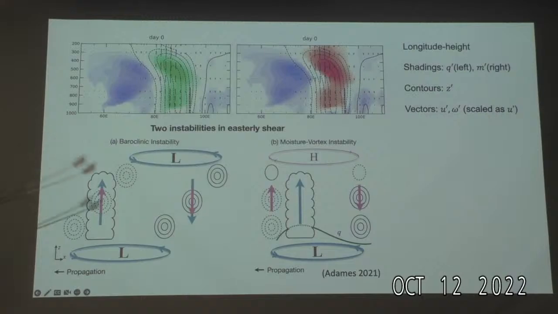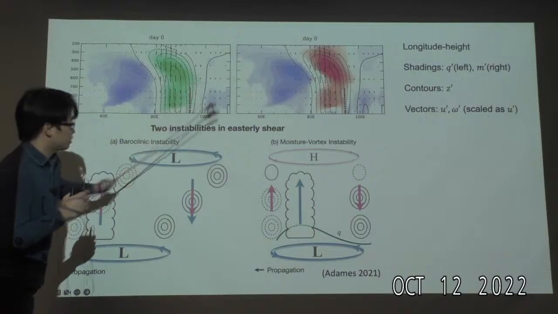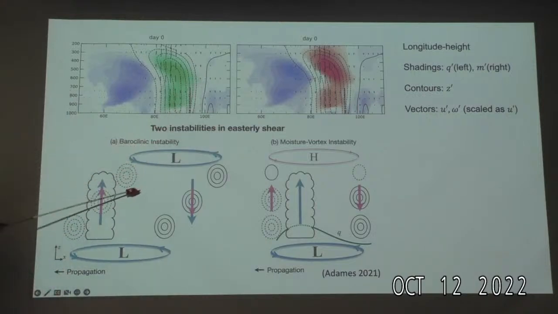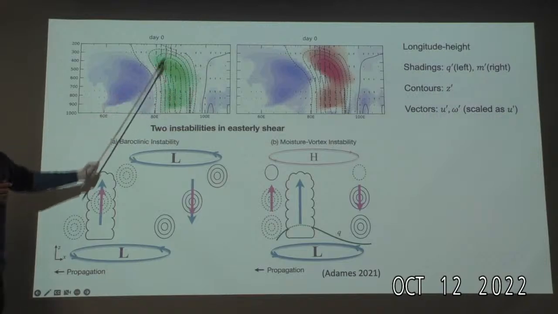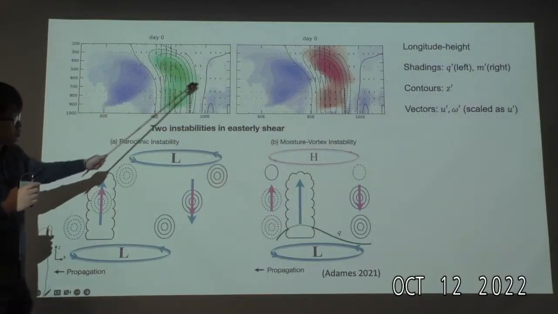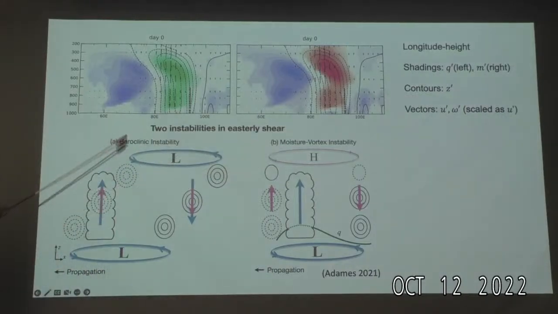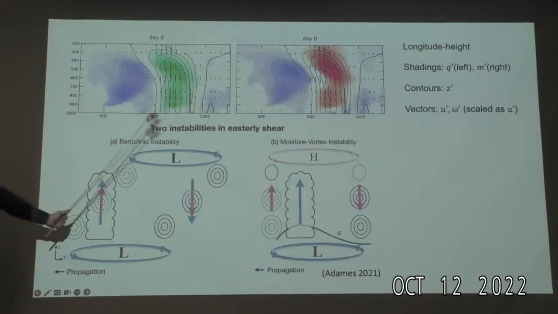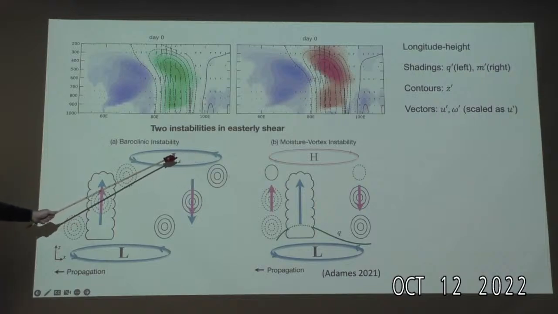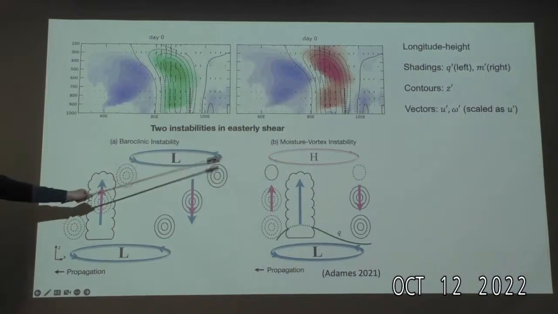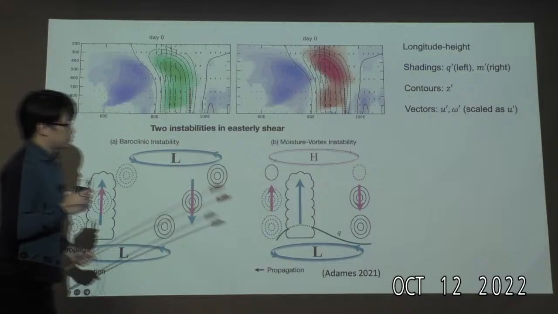So if we compare these two cross sections with the two instabilities schematic plots I just showed, we can find that this vertical cross section is more similar to the Moisture-Vortex instability instead of the Barotropic instability, because it does not have the eastward tilt and it does not have the low pressure on the top, and the vertical wind is more similar to this one.